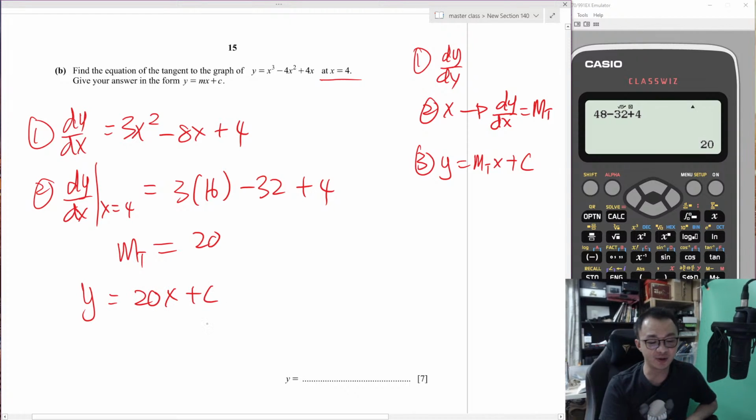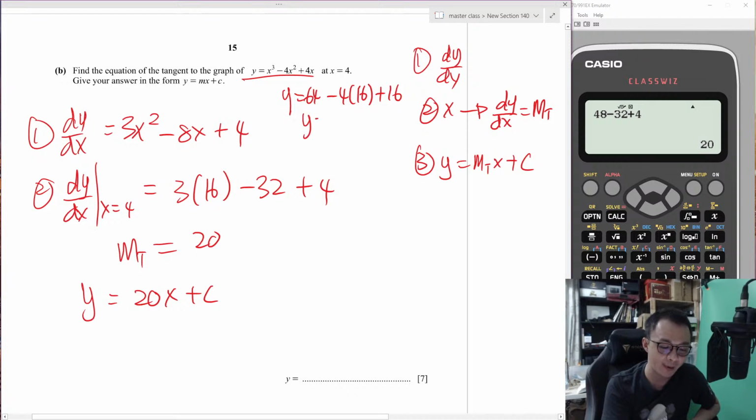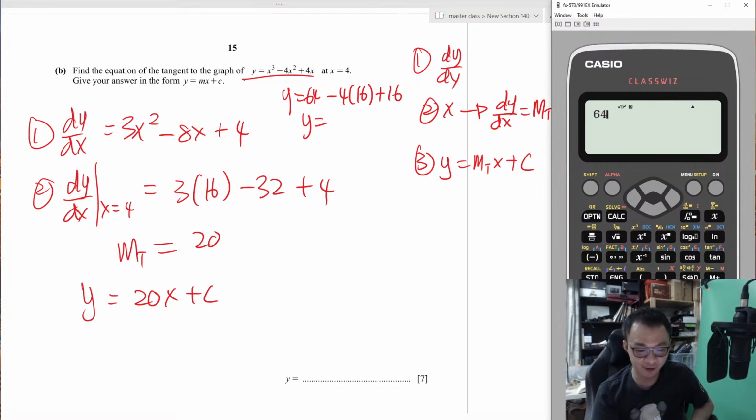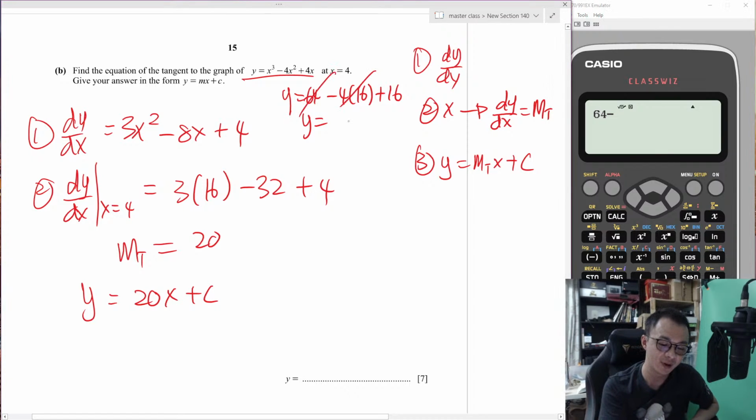I need a coordinate to find the c. I only have x. I need to sub this x back into this equation to get the y value here. So y equals to 64 minus 4 times 16 plus 16. So I just sub in here, this is 64. So I get 16. So the coordinate is (4, 16).